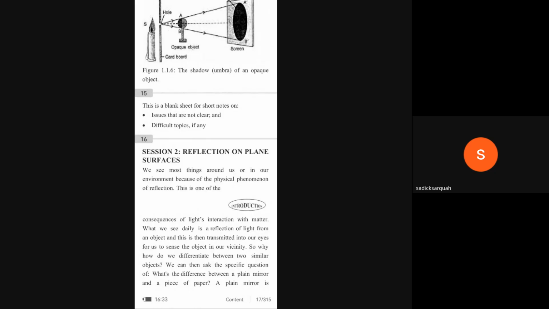He didn't touch on it. Which one? The rectilinear propagation of light, page 7. Are you there? When he was explaining the light ray element, it cut across.